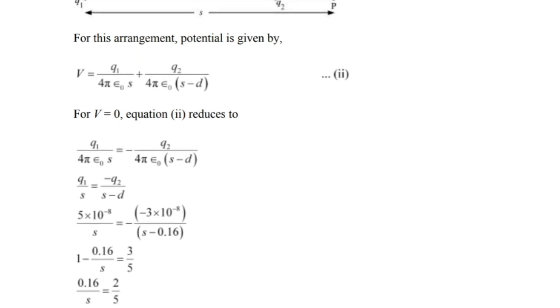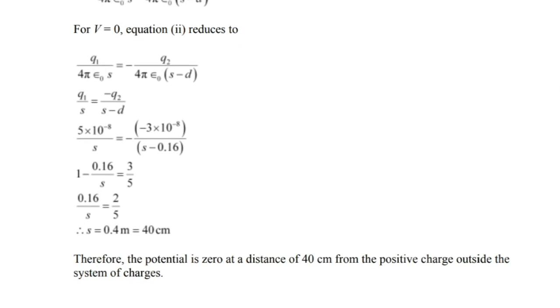Now equating it to 0 and simplifying, we'll get S to be 40 centimeter. So from the positive charge at a distance 10 centimeter and 40 centimeter, we are getting the potential to be 0.